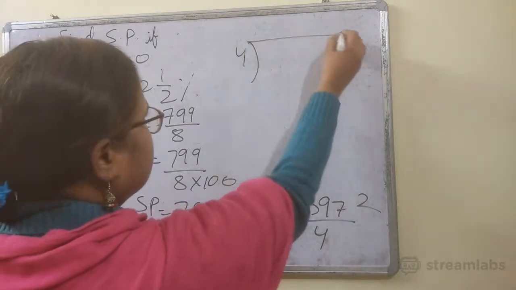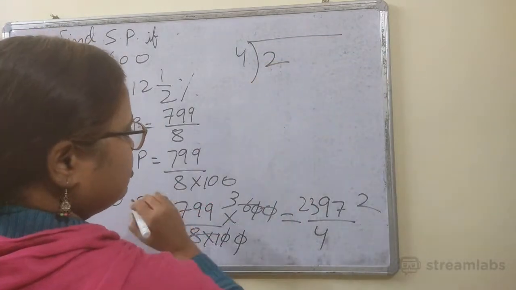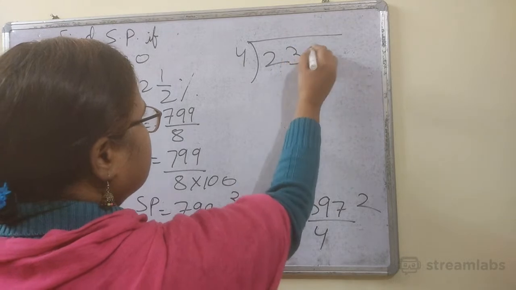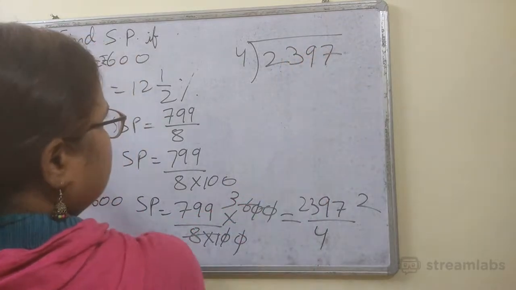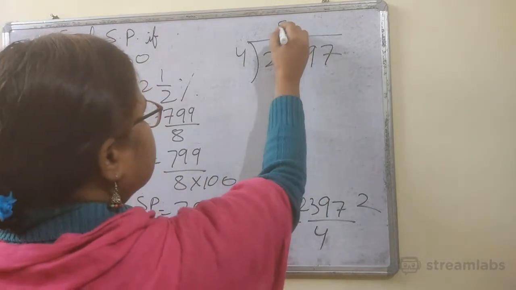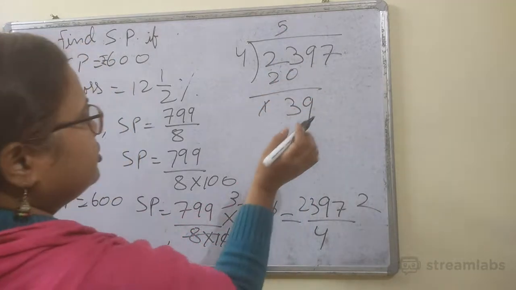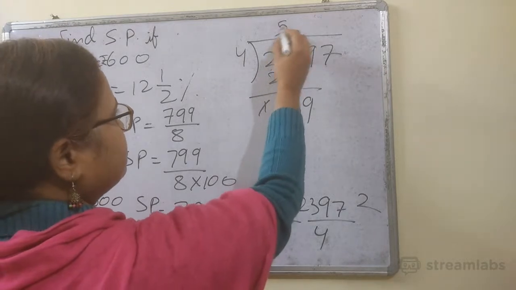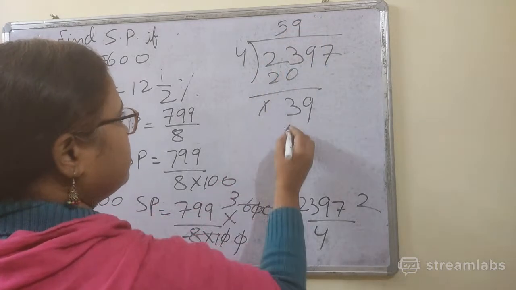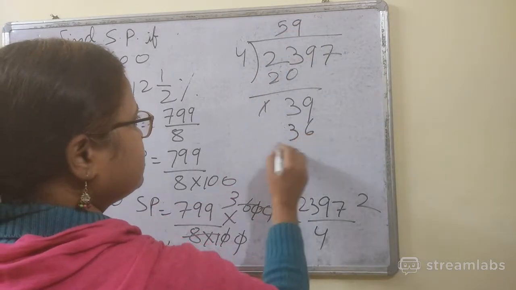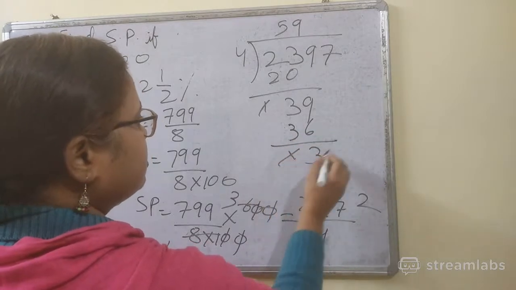So 4 divided by 2, 3, 9, 7. How many times? 4 5s are 20. Then 39. Then how many times? 9. 36. 3 here. Then 7.